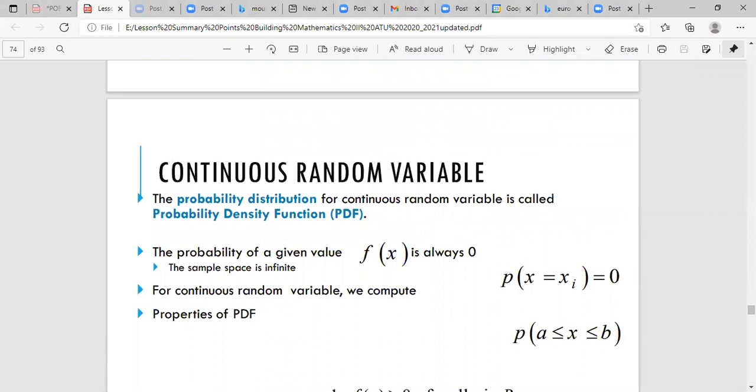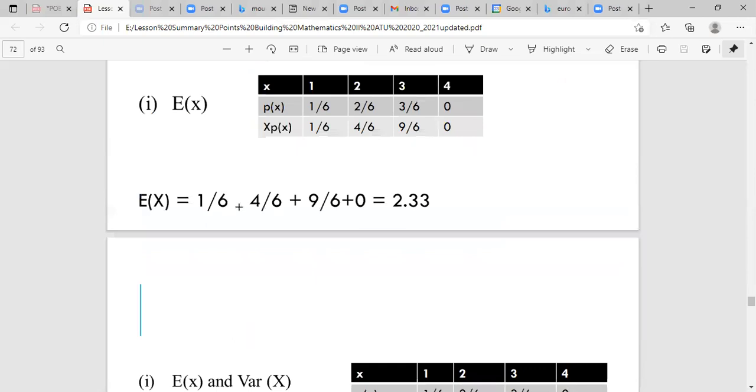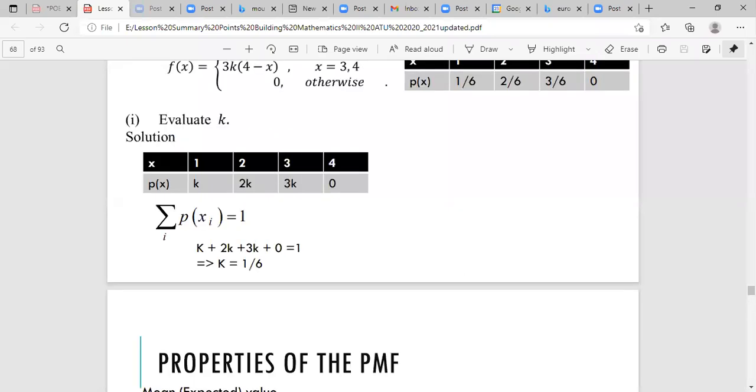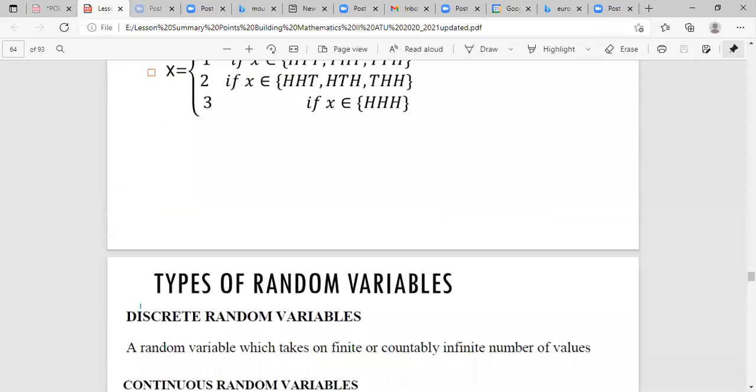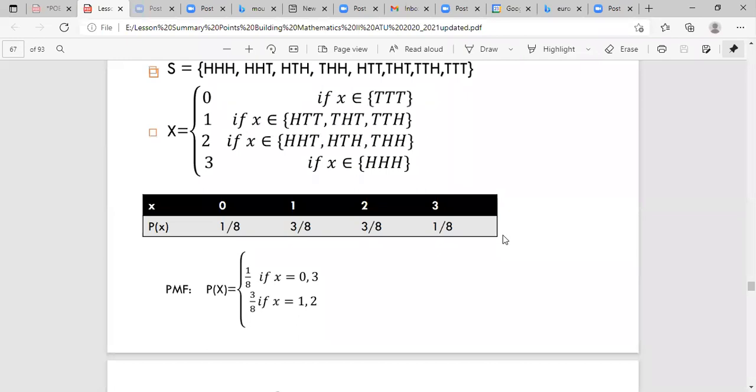Yes, before we go to continuous random variable, if I ask you to find the probability, for example, in the example we just solved, that x is less than or equal to 2, how do you obtain that?